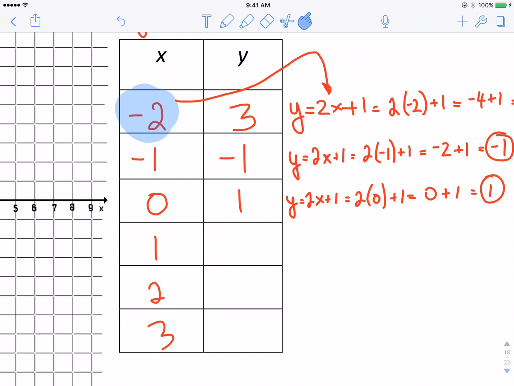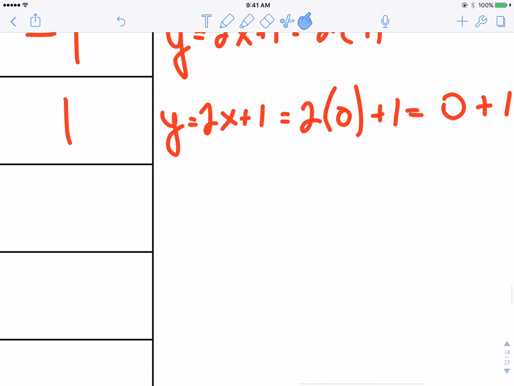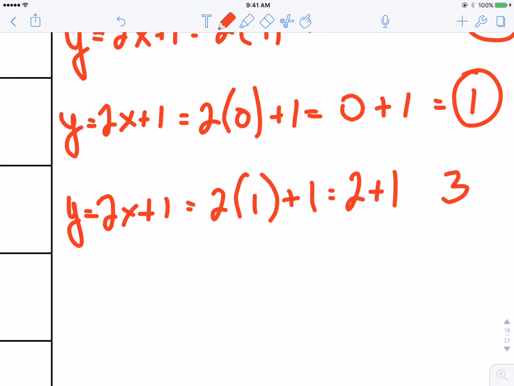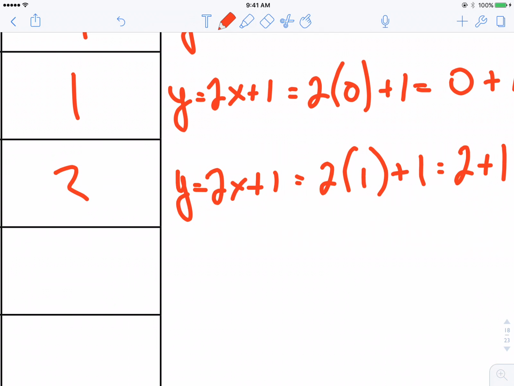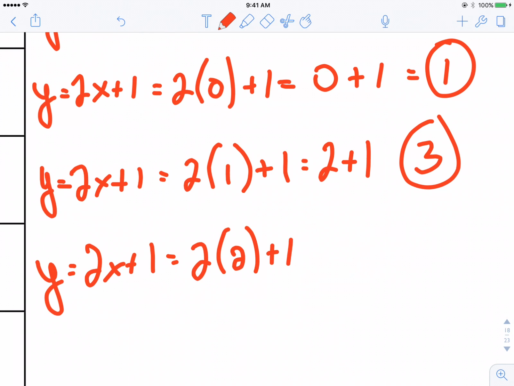So if I just do the rest of these very quickly, 1, 2, and 3. y is equal to 2x plus 1, substituting in 1, is 2 plus 1, which is equal to 3.